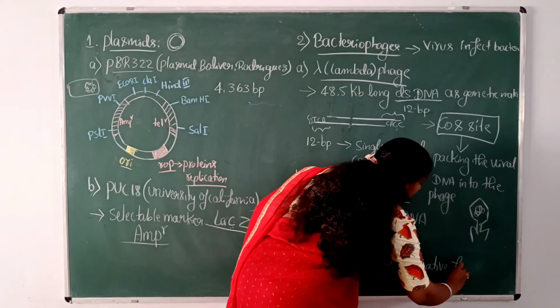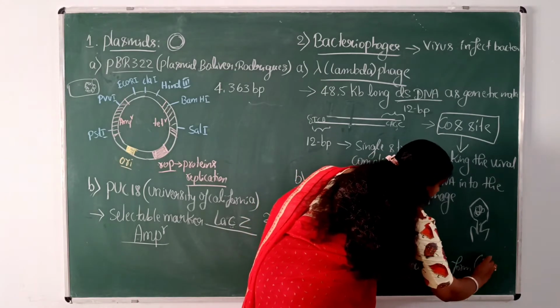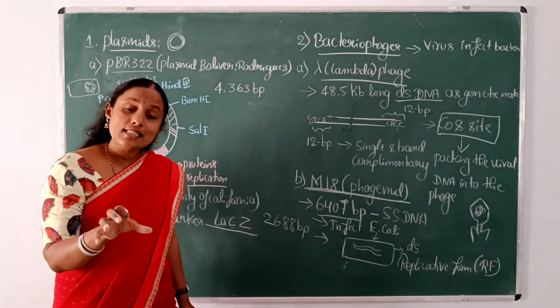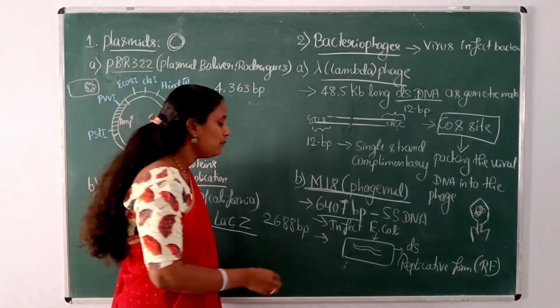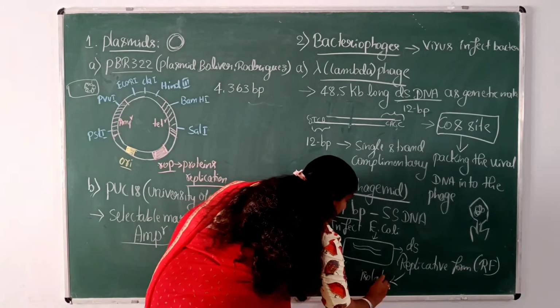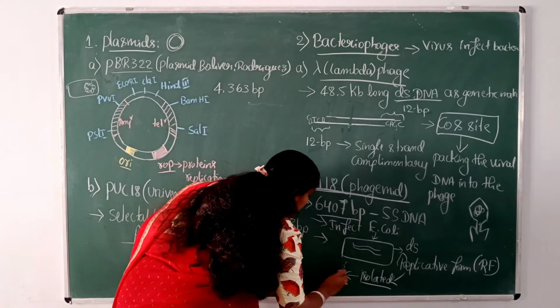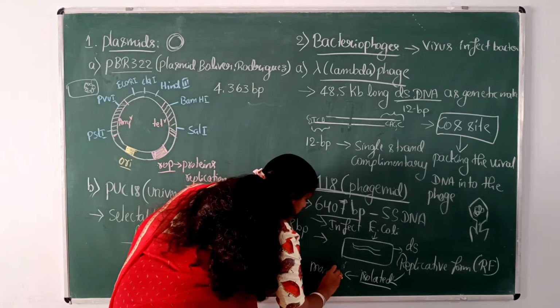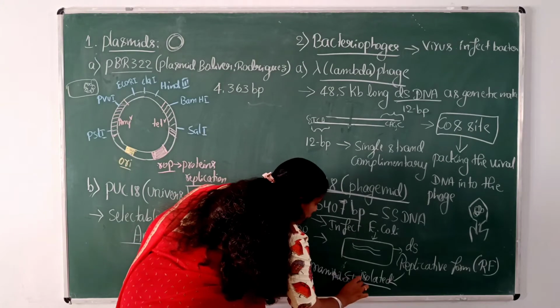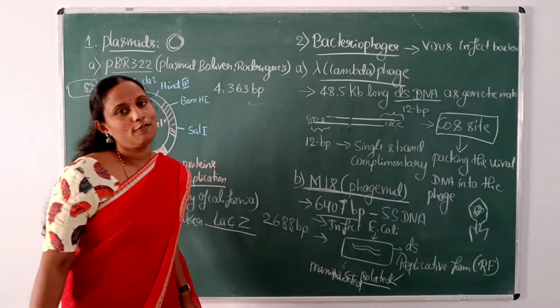Replicative form, or RF, refers to the replicative form. This replicative form can be isolated and manipulated for use in biotechnological works.